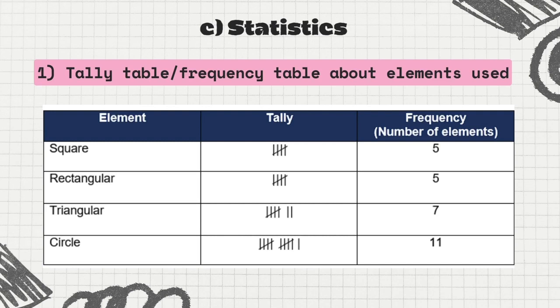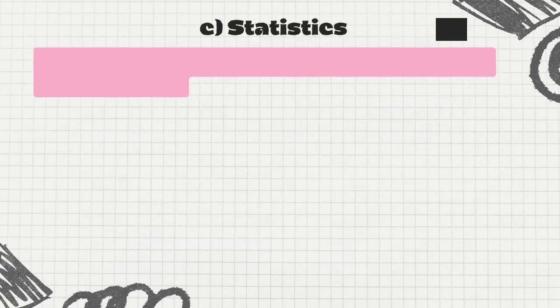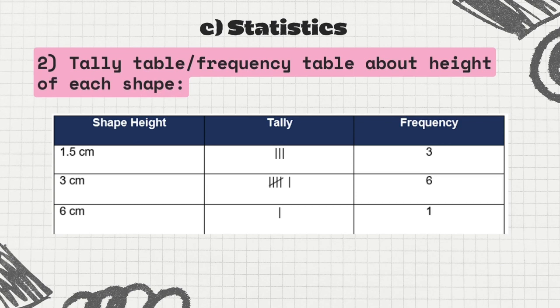This statistic is shown in the form of a tally table or frequency table. Here we can conclude from the table that there are 4 shapes used, which are 5 squares, 5 rectangles, 7 triangles, and 11 circles.